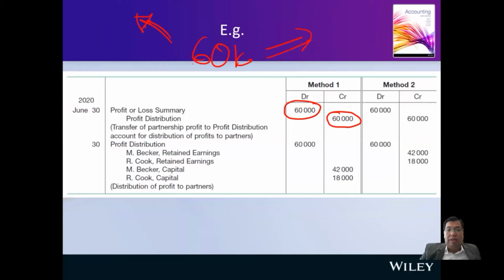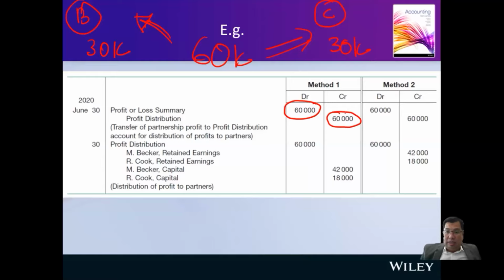We have two types of partners: Backer and Cook. If you use the share of profit, we can give 50-50. If we give 50-50, then Backer gets 30,000 and Cook gets 30,000. That is an equal rate. Equal means everybody gets the same amount of money.